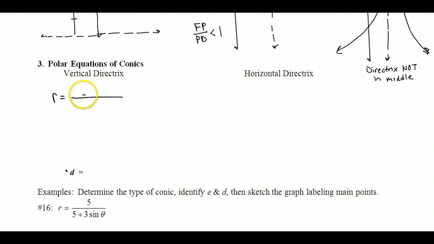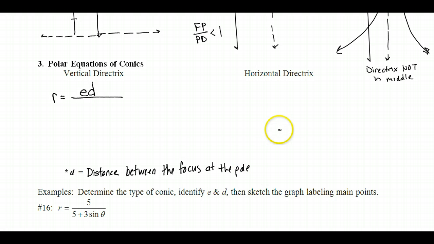So r is going to equal the eccentricity times d. And d, if you go down below, is equal to the distance between the focus at the pole and the directrix.